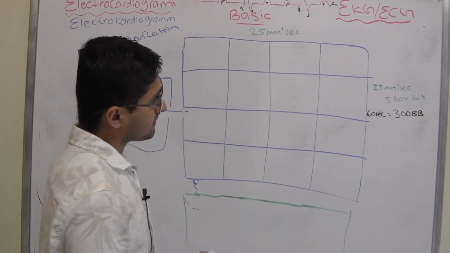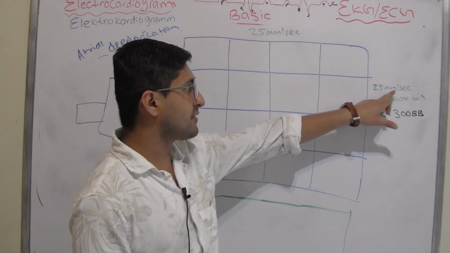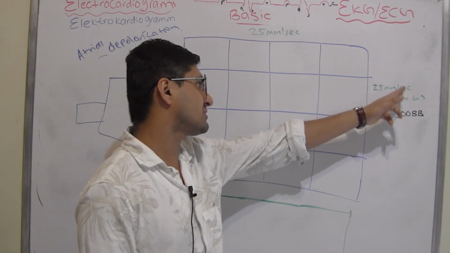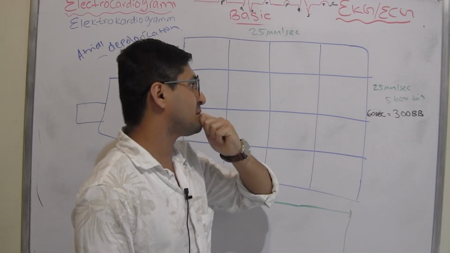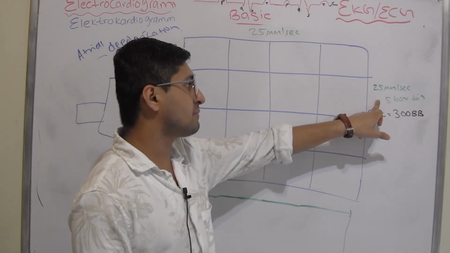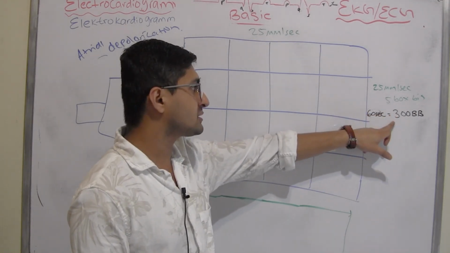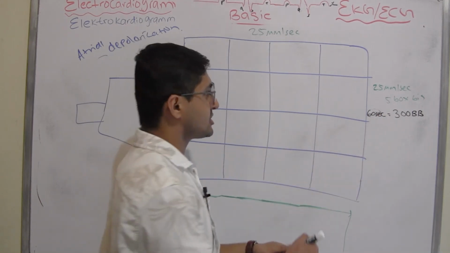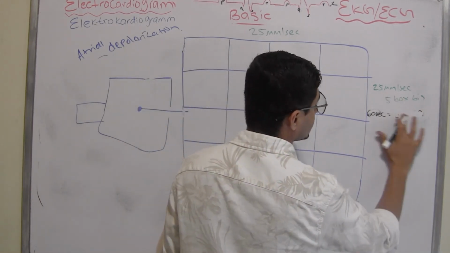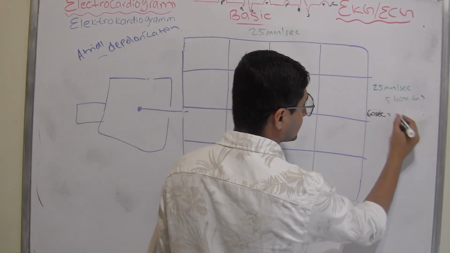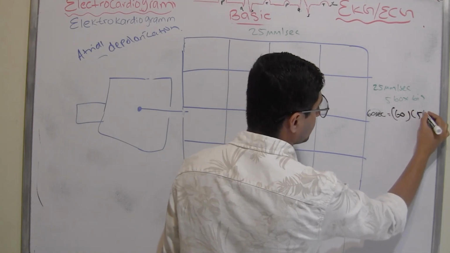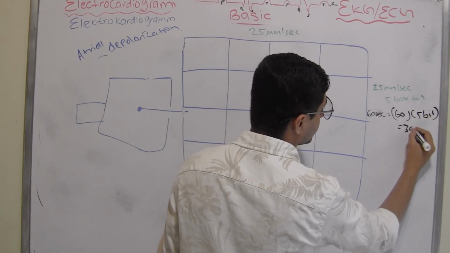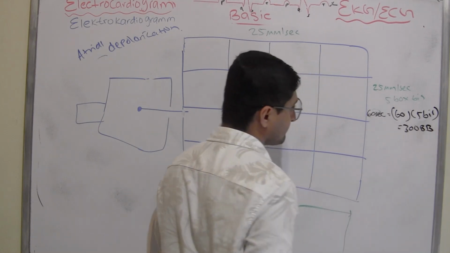Because remember, at 25 millimeters per second, 5 big boxes pass each second. So in 60 seconds, how many boxes will pass? 60 times 5 big boxes, so you have 300 big boxes. That's what happened.